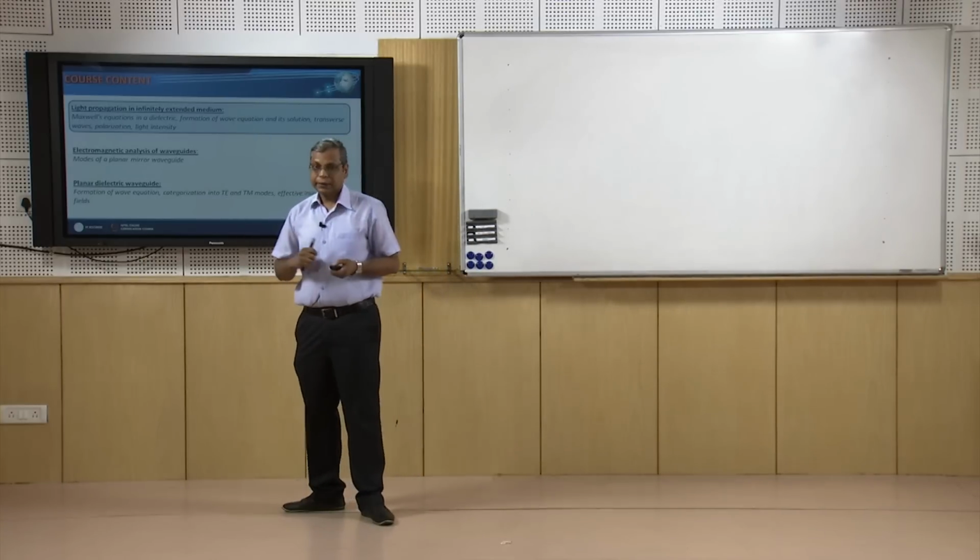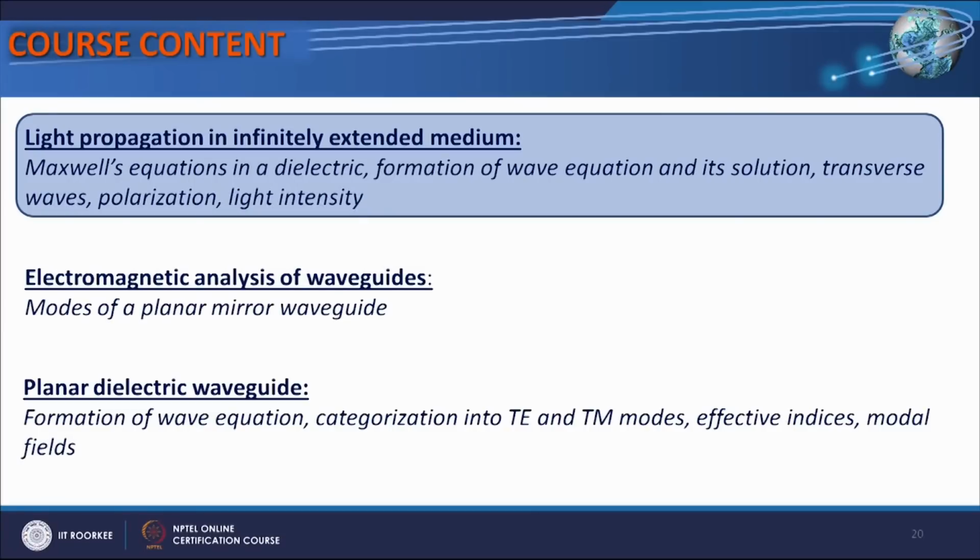And to understand the transmission characteristics of optical fiber, first of all we should understand how light propagates in a room like this. So, how light propagates in an infinitely extended medium.